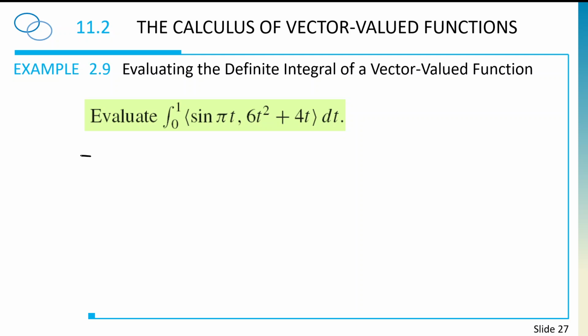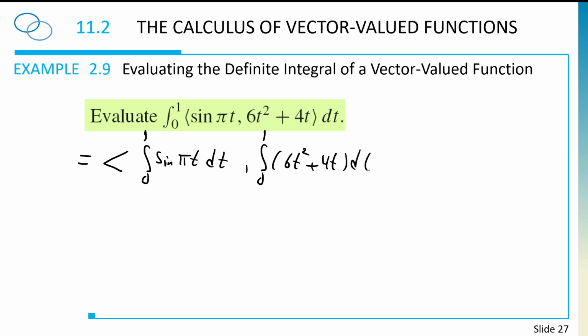I'll start inside from 0 to 1 of sine pi t dt, and then the integral from 0 to 1 of 6t squared plus 4t dt, and then I'll close the vector.